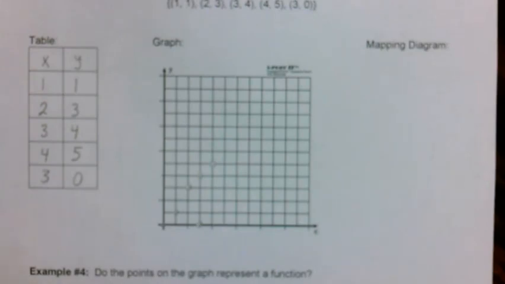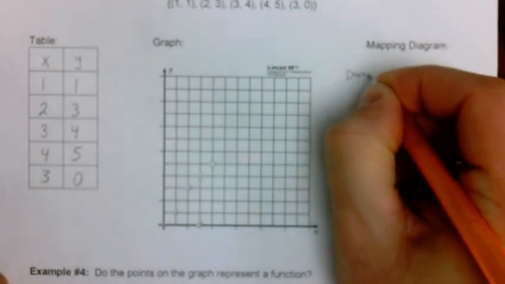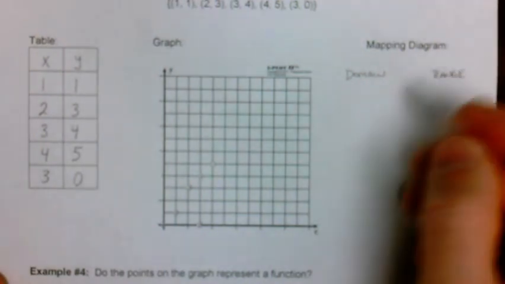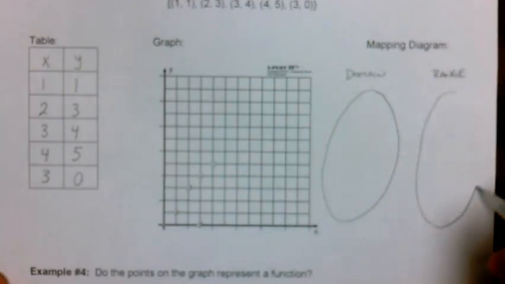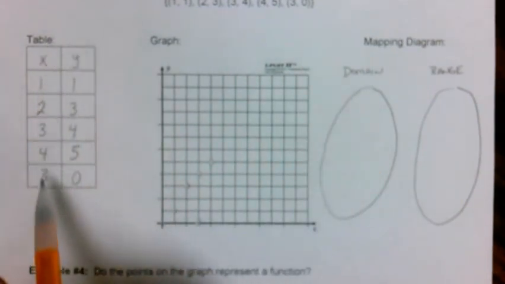And then the other thing that I'm going to create is my mapping diagram. So I need my domain values and I need my range values. Draw those ovals. Let's list the numbers in the domain. Again, the domain is the input values, which is the X values, 1, 2, 3, 4, and 3 appears again, so we're not going to list it.